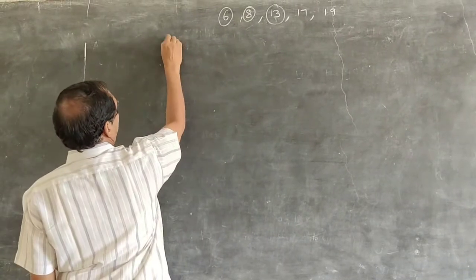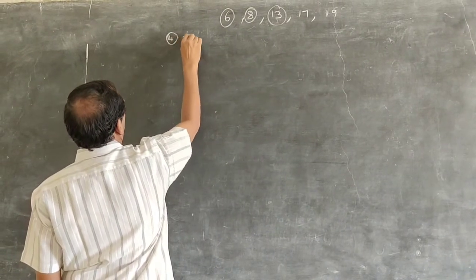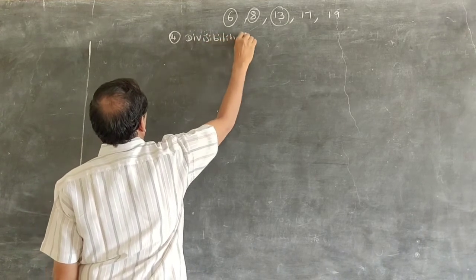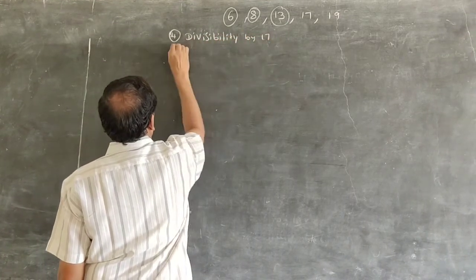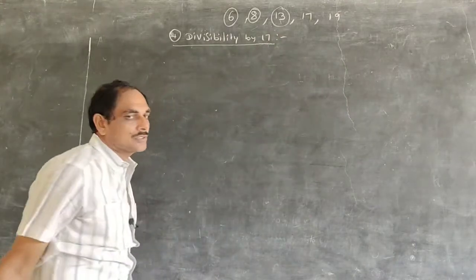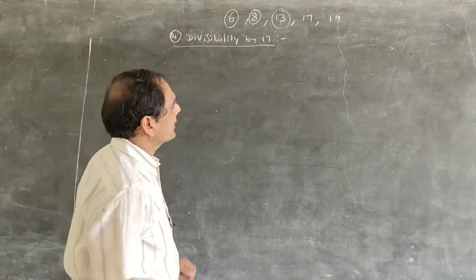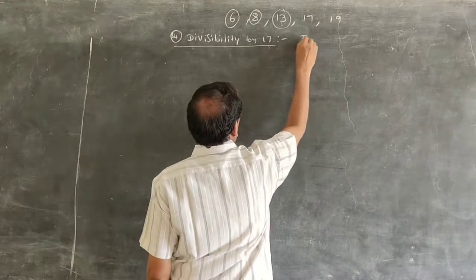So divisibility by 17. So the divisibility rule for 17. In this, in a number, first we write the property.